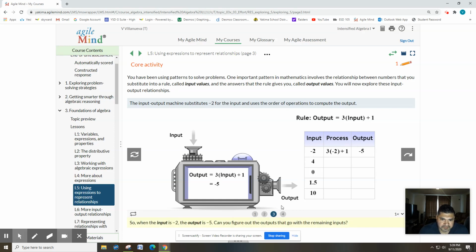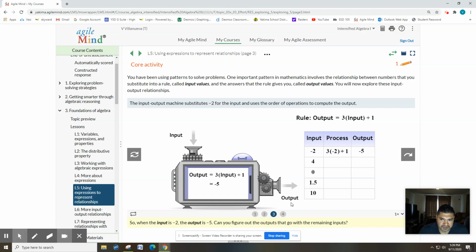Okay, so let's go ahead and think about this for a second. Try to think before the machine does it for you. If we input a 4, it's going to perform this process here. So we're going to have 3 times our input, which is 4. So 3 times 4, that is 12, plus 1.